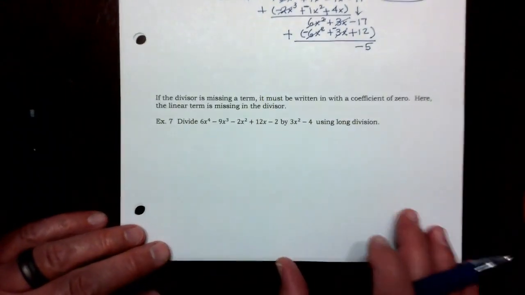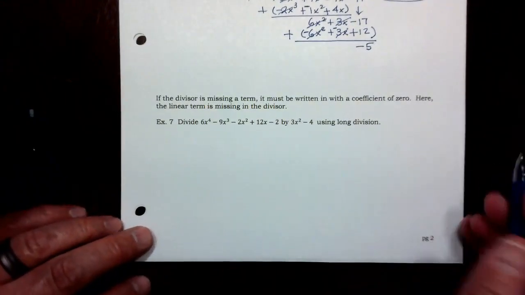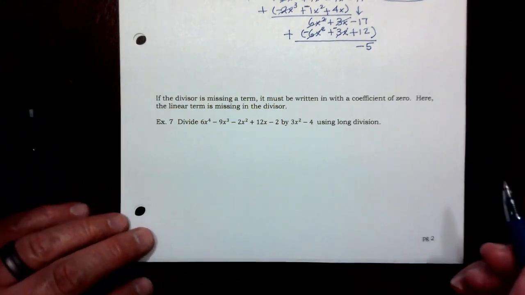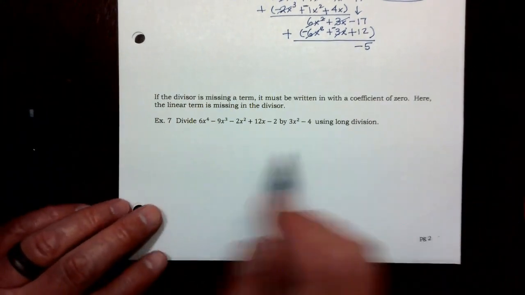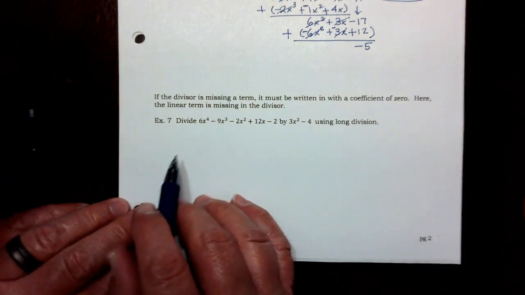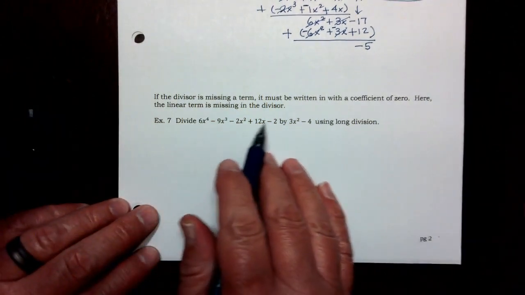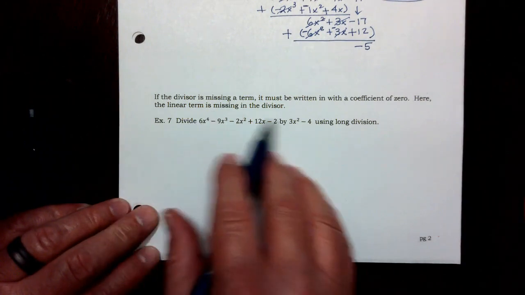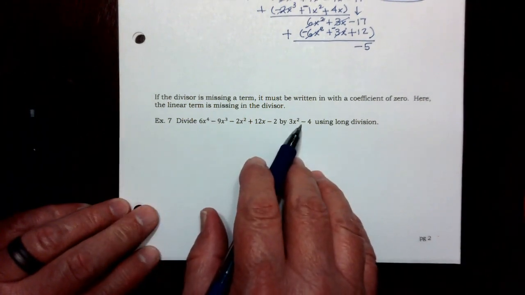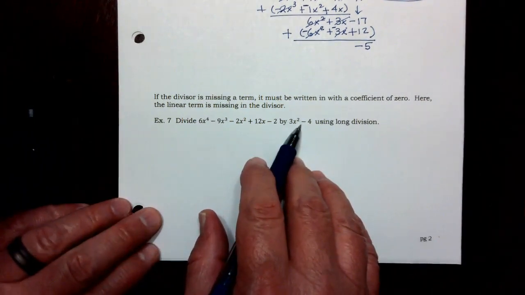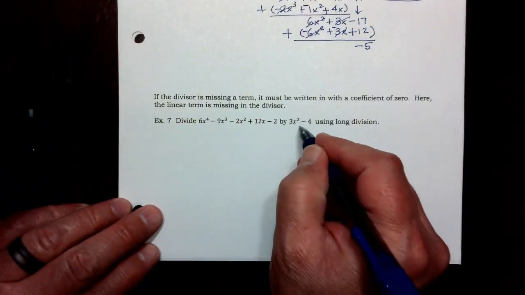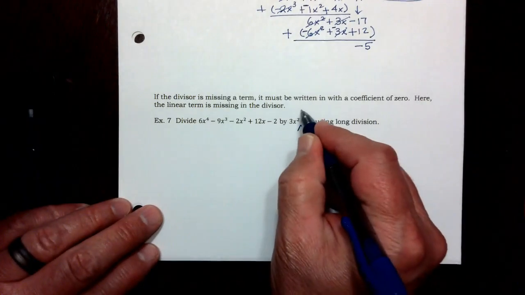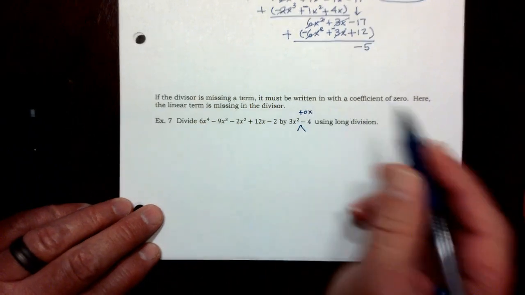Okay, so number 7 here, and I think I'm going to continue the video on page 3 and just do all of pages 2 and 3 in one video. We're going to divide this expression by that expression. What we're going to see here is that this divisor has a missing term in it. So we're going to go ahead and supply that plus 0x in there.